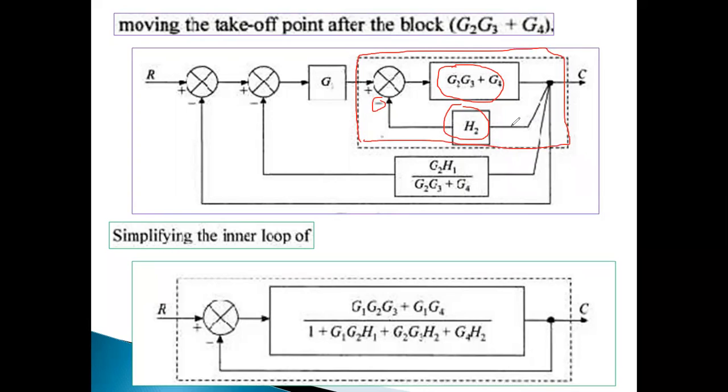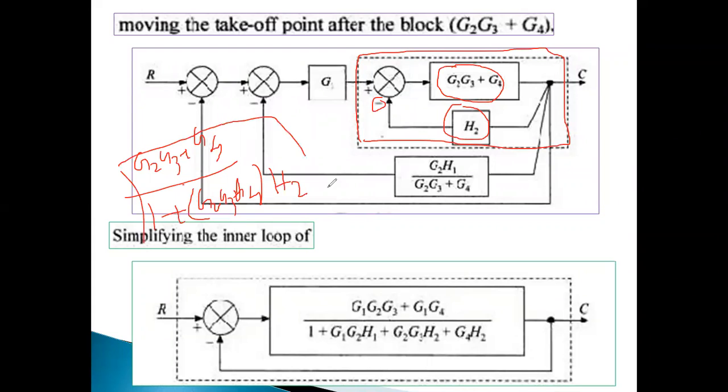One inner loop. So you will get the value G2, G3 plus G4 by 1 plus G2, G3 plus G4 into H2. So just by eliminating this one, we can replace it with this entire block.